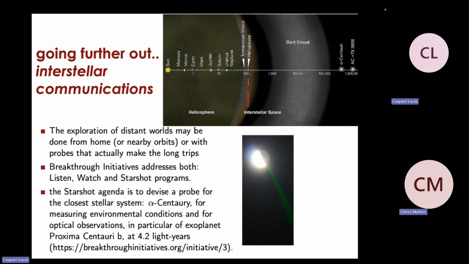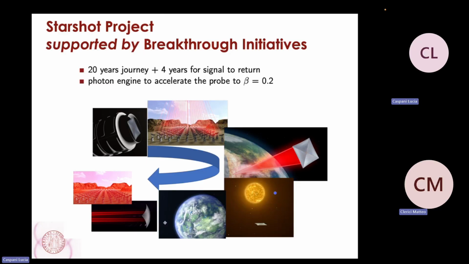So send a probe to Alpha Centauri using a context in which you have laser acceleration and then local observation. And we got our contract essentially to make the phone call home to tell what was seen on Alpha Centauri, which is our neighbor.